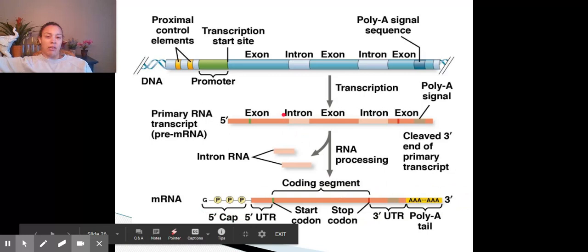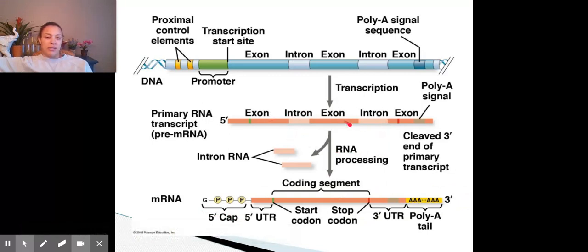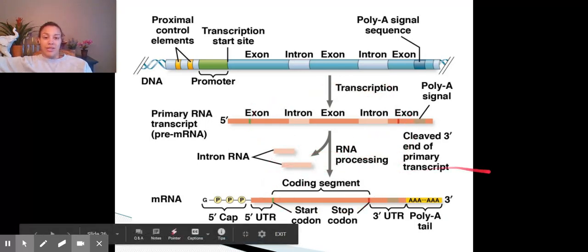Sometimes there are little codes left in there, or these exons may not be bound in this specific order. So this is exon 1, exon 2, exon 3. That's one way they could bind, or 2, 1, 3, or 3, 2, 1. It really depends on how it gets folded together.